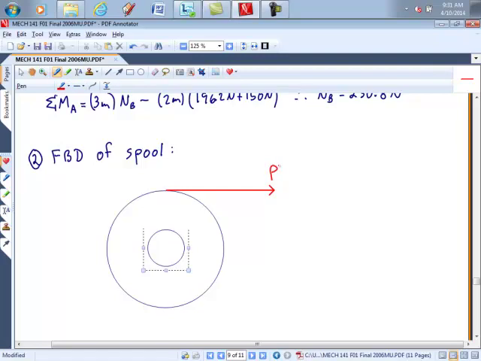Normal force, the one we just calculated, so we got a normal force which is going to be down on B. Friction force to the left. NB I know is 230.8 newtons. Normal force on the bottom. So that's going to be ND.